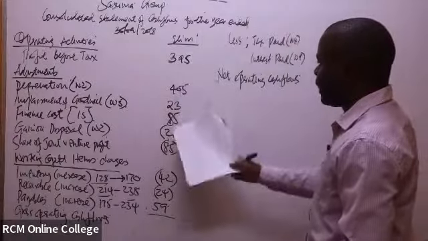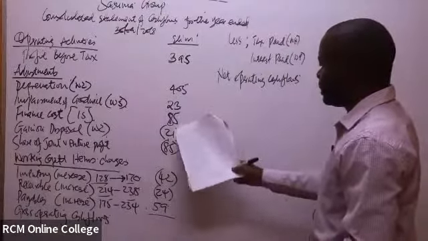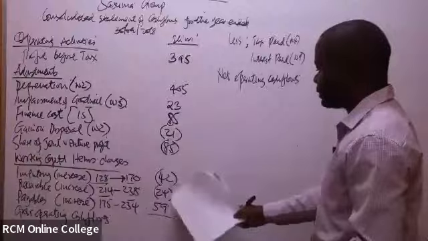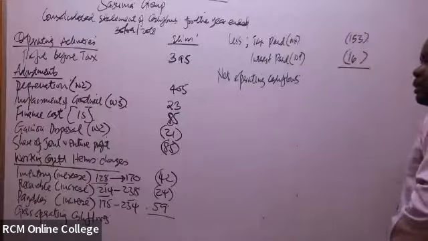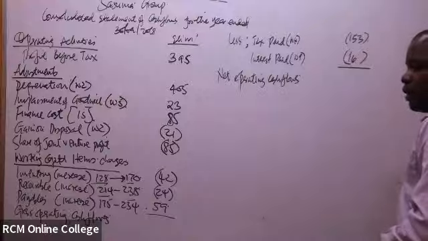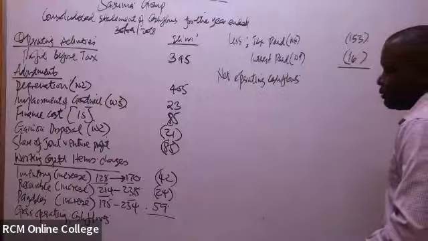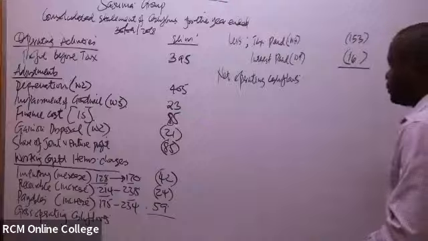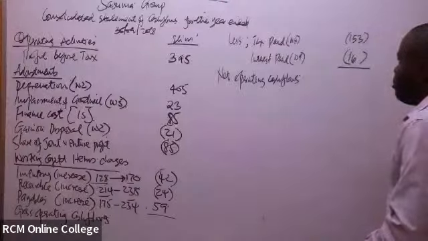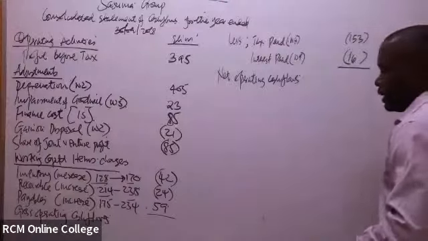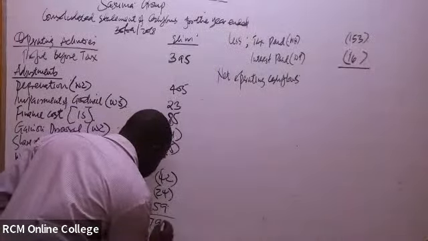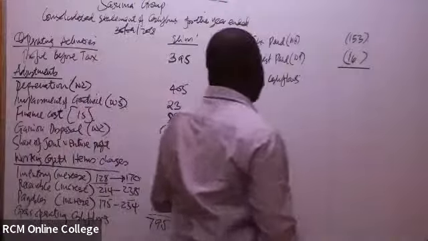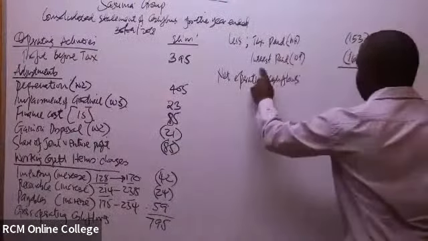If you add 395 plus 45 plus 23 plus 85, minus this, minus this, minus this, minus this, plus this, you get a figure of how much for the gross operating cash flows? $795. So you should be able to get 795. So 795, you less the tax paid and the interest paid.